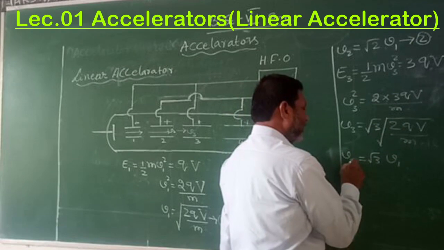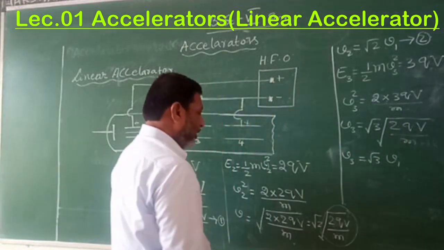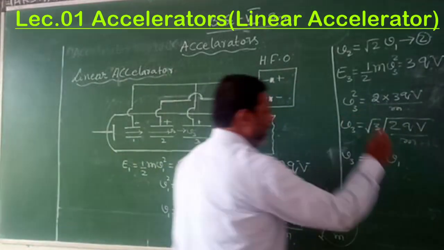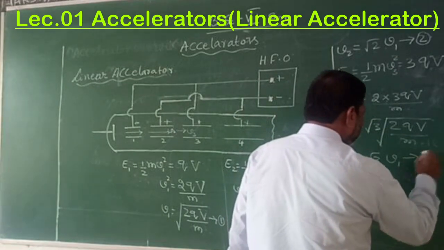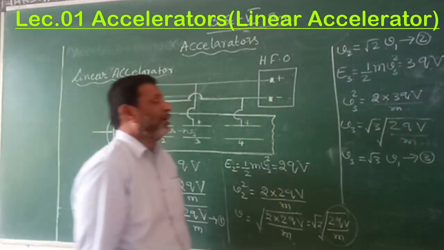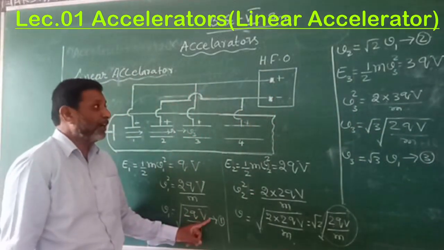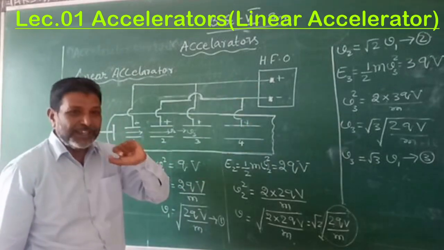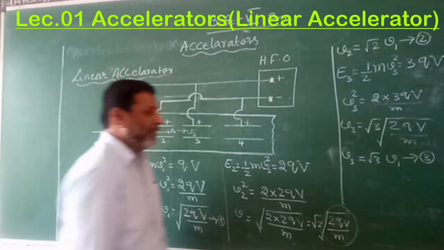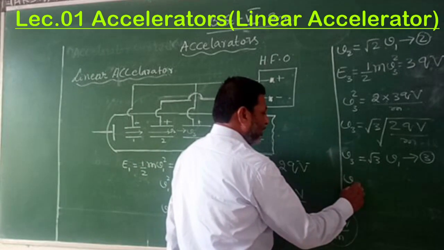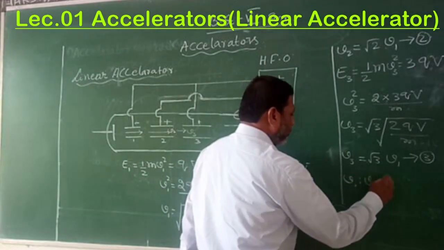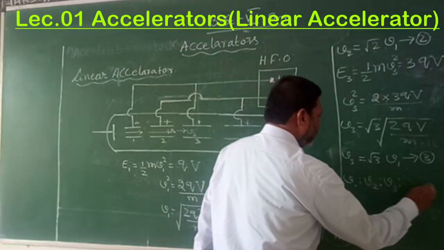Now, this is the V2. See, this is the second equation and this is the third equation. Looking at equations 1, 2 and 3, you can understand that V1 is to V2 is to V3 and so on is equal to how much?